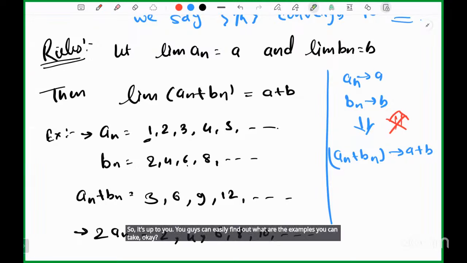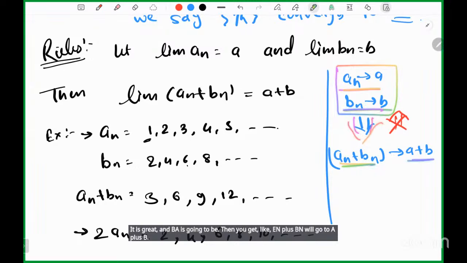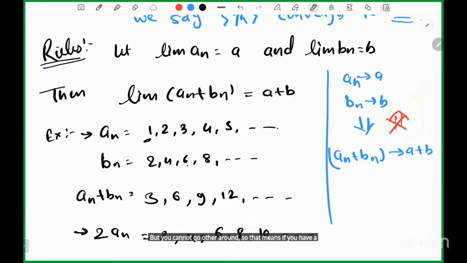Okay. So I'll recall what the point here is. First, if we have the condition that an is going to a and bn is going to b, then an plus bn will go to a plus b. But you cannot go the other way around. That means if you have two sequences whose addition has some limit, then you cannot say directly that individually these two sequences will possess a limit.